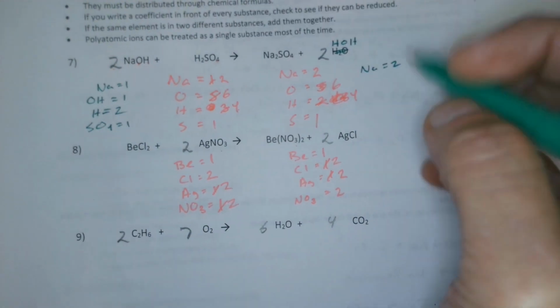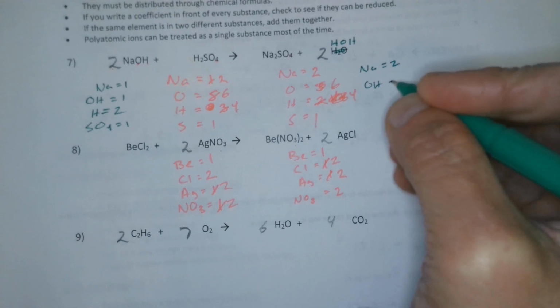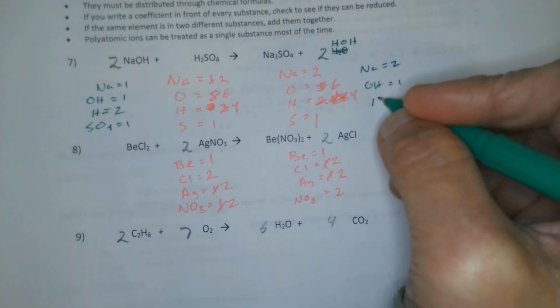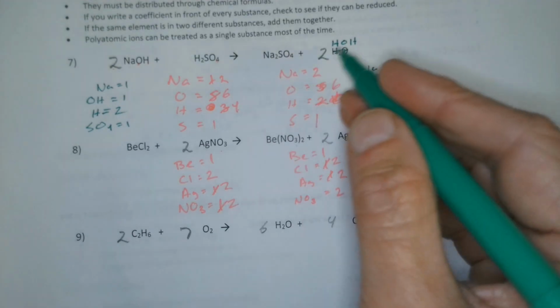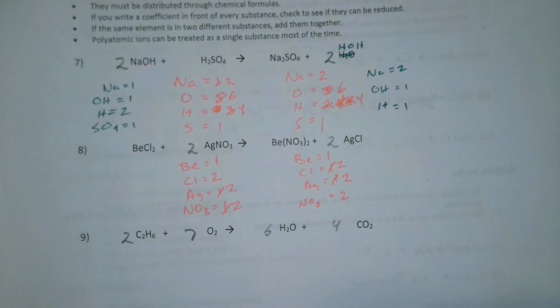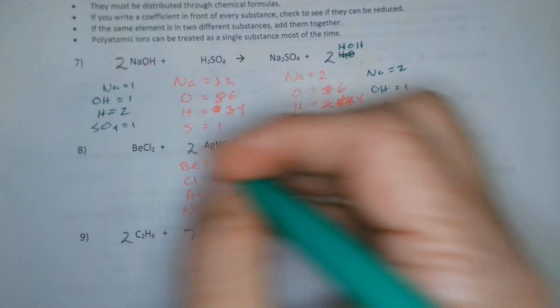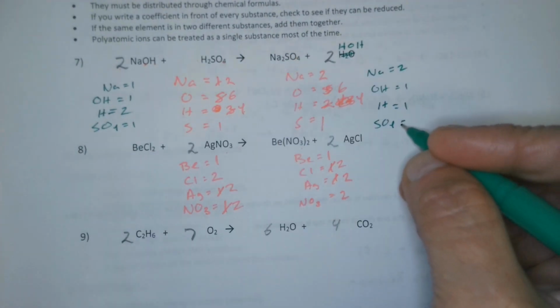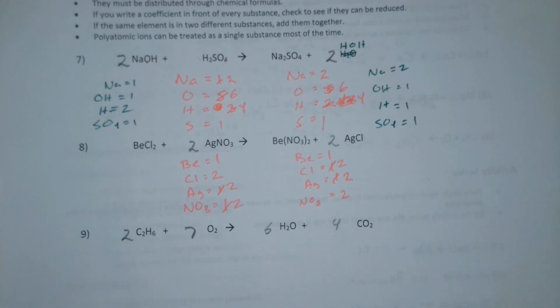The hydroxide has no parentheses around it, so it's just 1. The hydrogen is right there. There's 1. And the SO4, again, no parentheses around it, so there's just 1 of those.